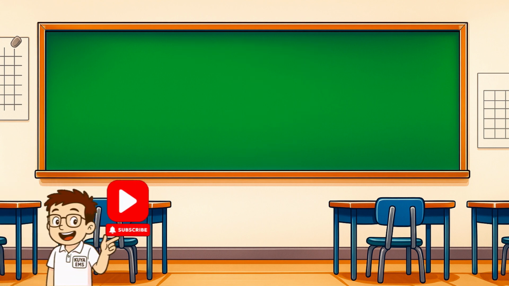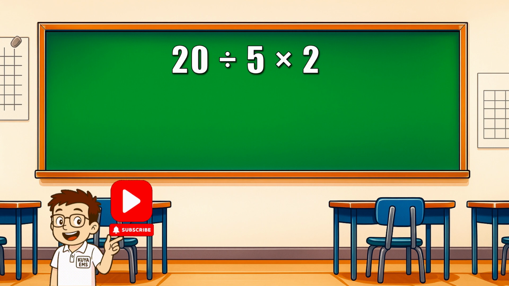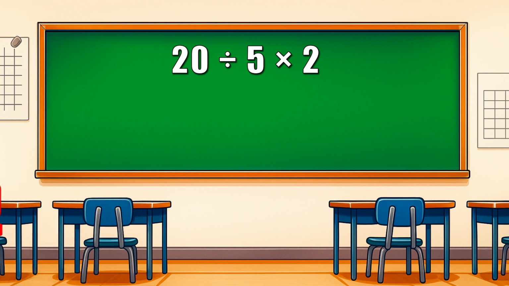Here's another common debate. 20 divided by 5 times 2. Some say you do multiplication first because M comes before D in PEMDAS. But is that right? Let's see. From the rule left to right for M and D, we do 20 divided by 5 first before we multiply by 2.